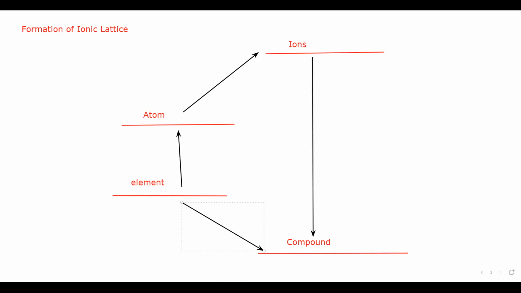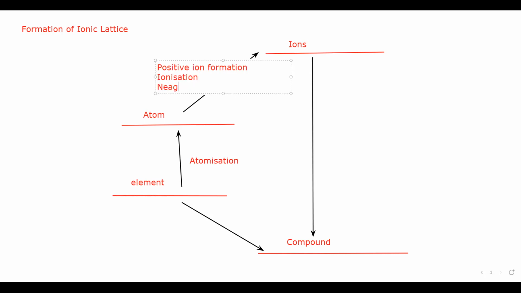These changes have certain names. If an element is turning into an atom, what do we call that? We call that atomization. If an atom is turning into an ion, then there are two possibilities, because a positive ion will lose an electron and a negative ion will gain one. For positive ion formation, because they are losing electrons, we call that ionization.